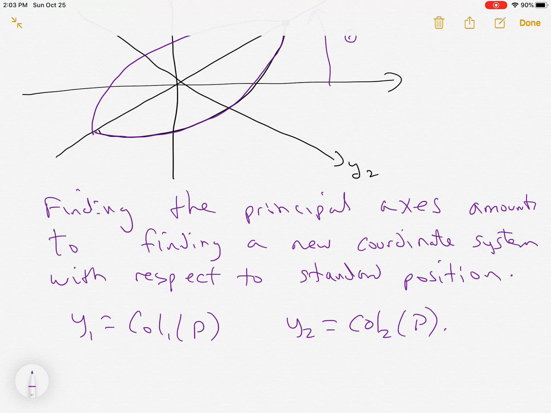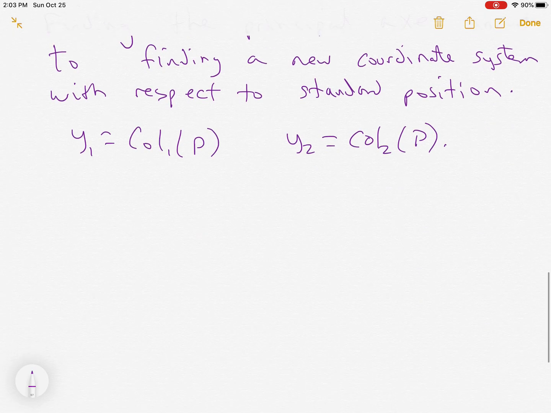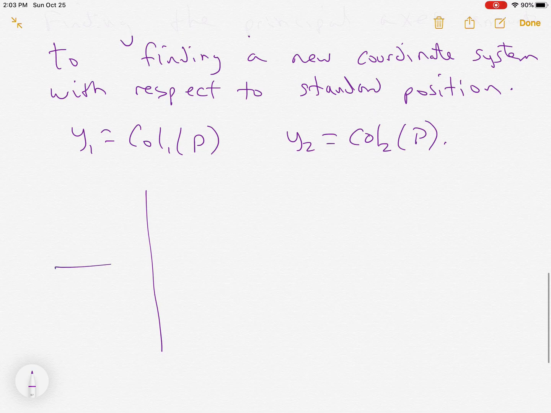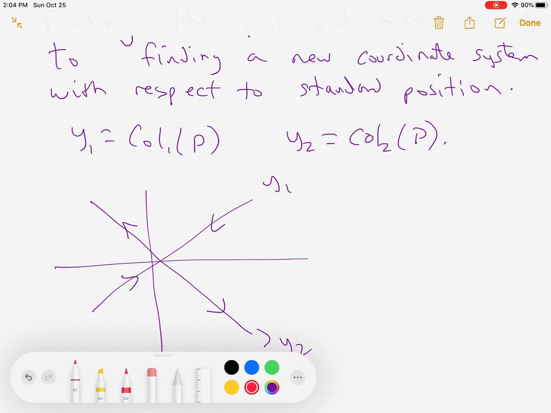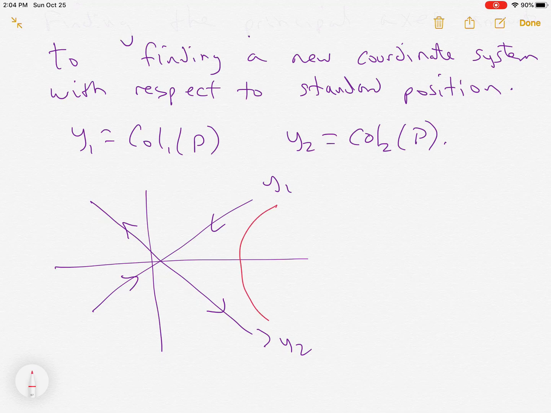Right? And if you think back to differential equations when we were finding solutions and things like that, you would plot the eigenvectors first, and then those would give us sort of a set of axes to work from, right? Because remember, if we were doing saddles and you had an eigenvector here and an eigenvector here, and this guy went out and this one went in, when we did the shapes, they always followed this sort of pattern.